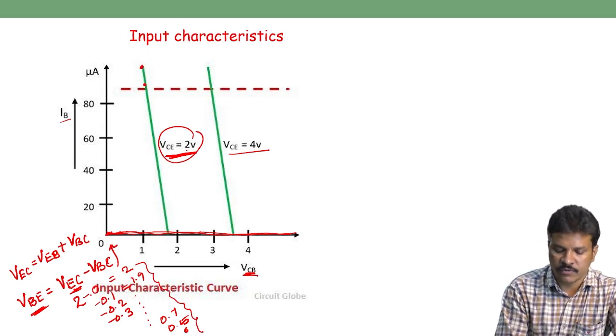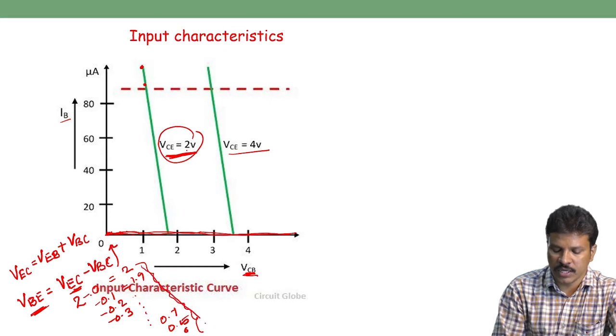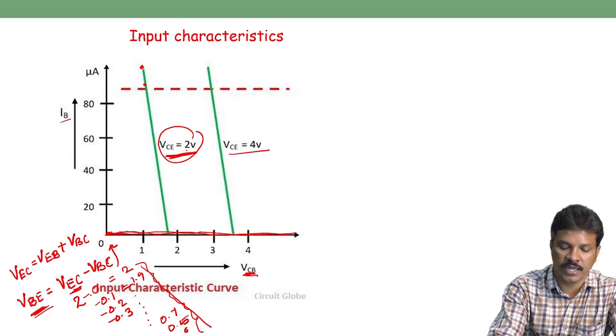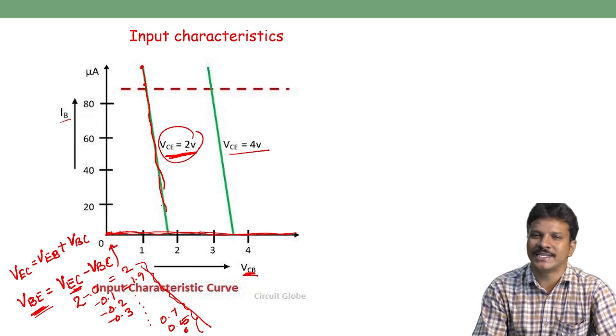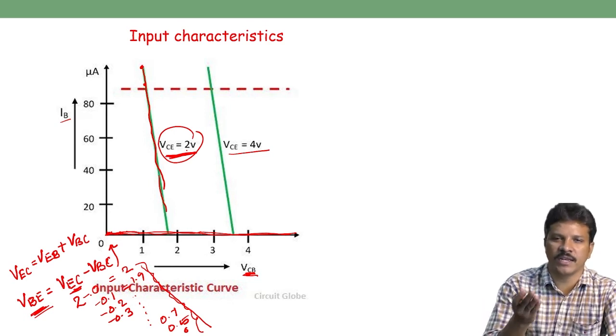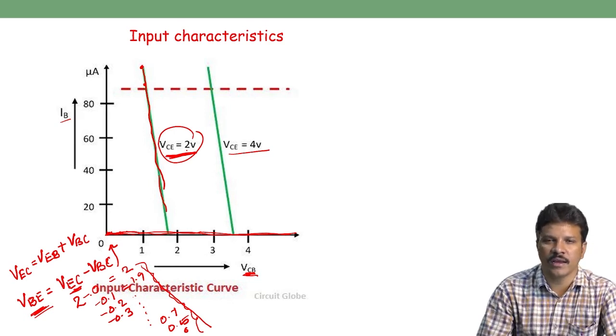When VBC goes on increasing, VBE goes on decreasing, and VBE decreasing means indirectly the base current decreases. When the base to emitter voltage falls below the cut-in voltage, automatically the current flow in the input junction is stopped.